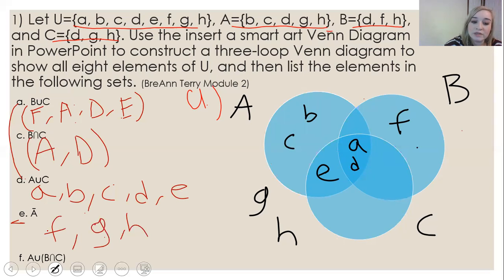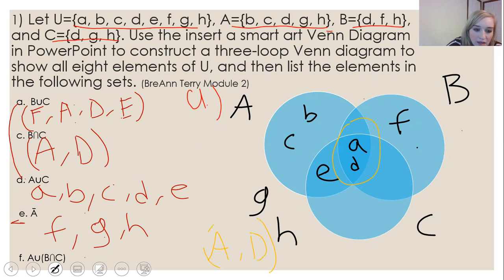So we're going to do B intersection C. And again, that means where do B and C intersect? So we can tell from previous problems that B and C are going to intersect right here at AD.